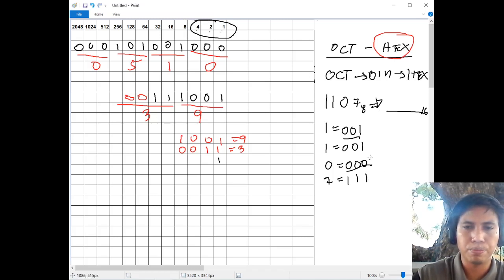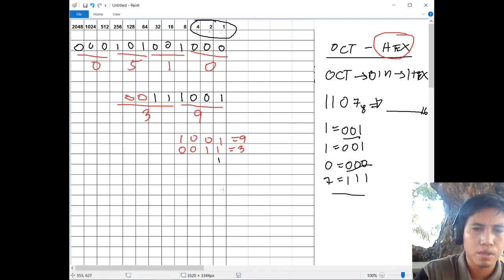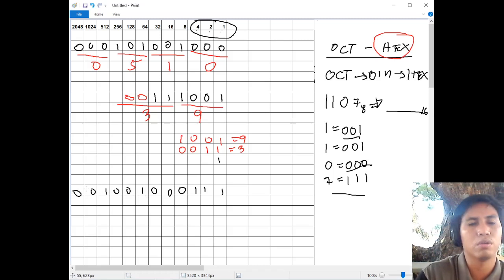Now, this is the binary digit. 7 ang nasa rightmost, so siya ang uunahin natin. That would be 1, 1, 1. Then the next is 0, so we have 3 digits of 0. Then we have 1, that is 1, 0, 0. Then we have 1, 0, 0.